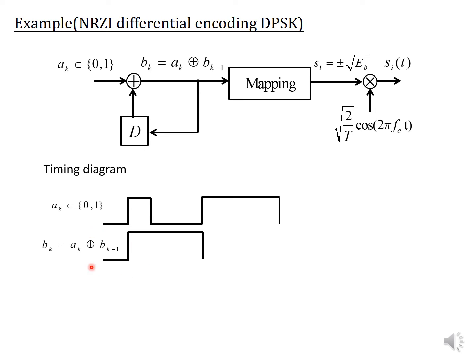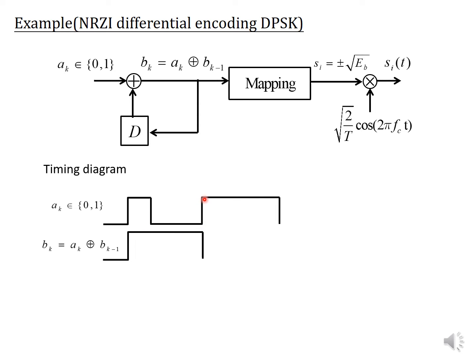Here, this differential encoding means that BK would have a transition whenever a message 1 comes in. And when the input is 0, then BK remains unchanged.